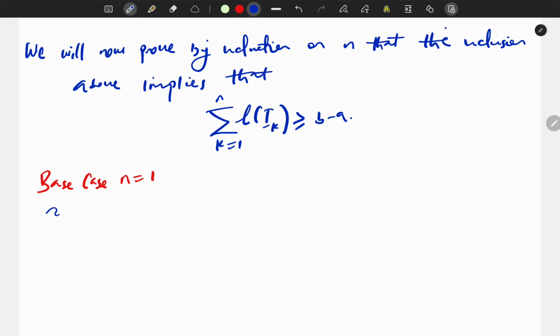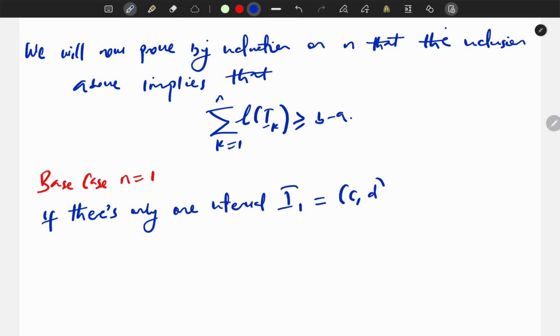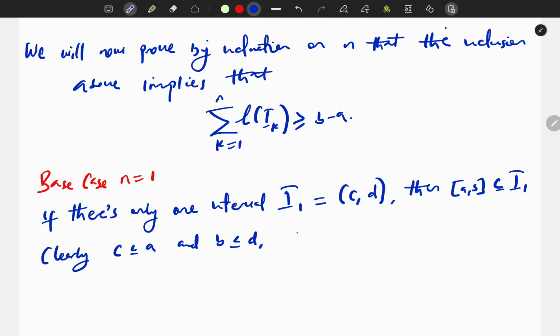So if there's only one interval I1, which is c comma d, then a comma b should be a subset of that interval, and clearly c should be less than or equal to a, and b should be less than or equal to d.